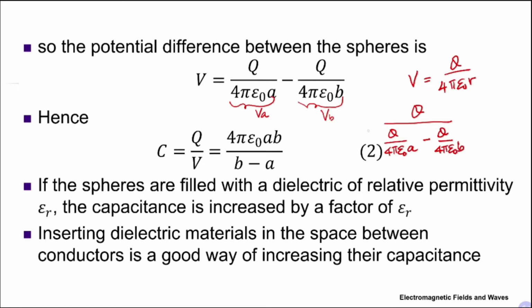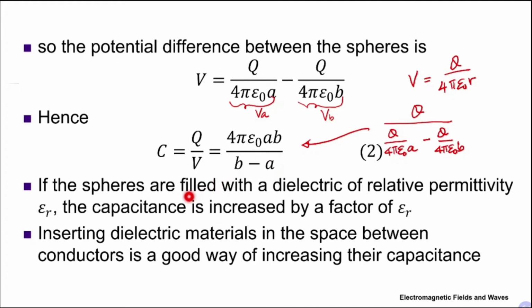And then simplify this equation, we end up with the capacitance 4 pi epsilon naught A times B over B minus A. And you can see that in this equation, the space between them is air.